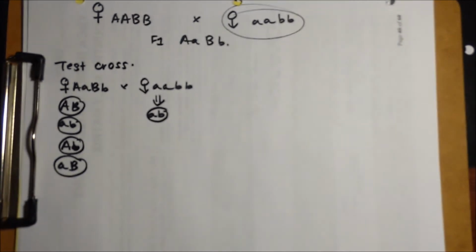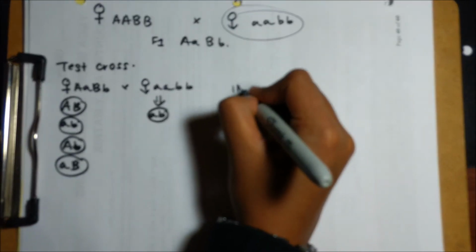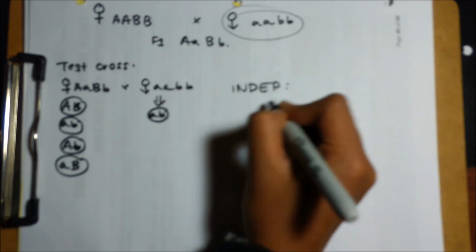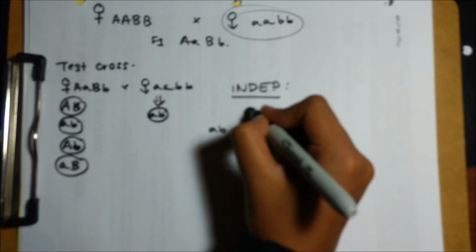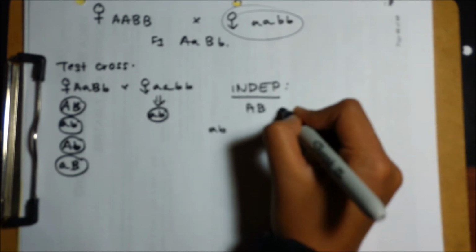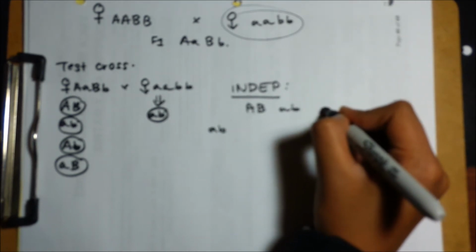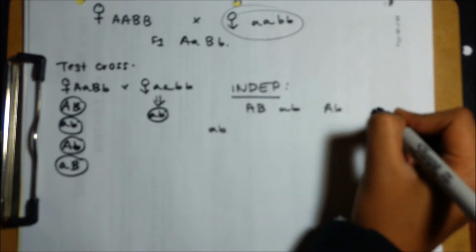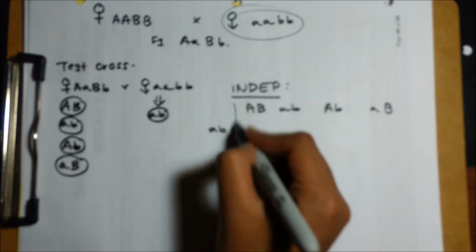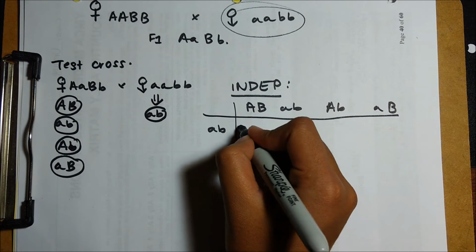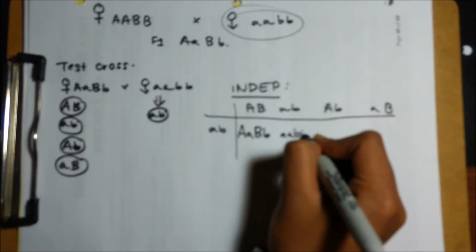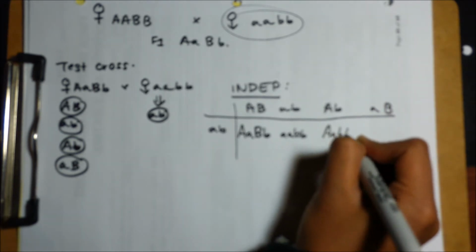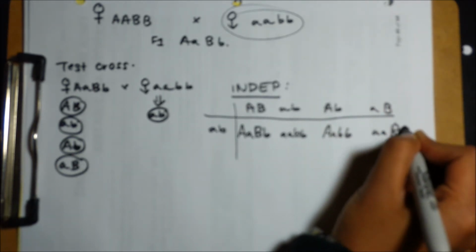If we were to do a Punnett square, using independent assortment, we would have the four gametes mating with the lowercase gamete. This would give us this choice, this choice, this choice, and this choice.